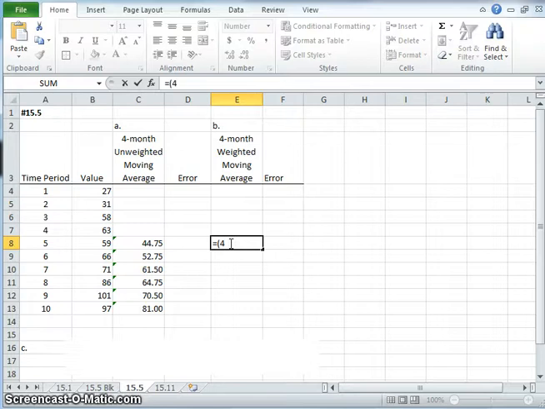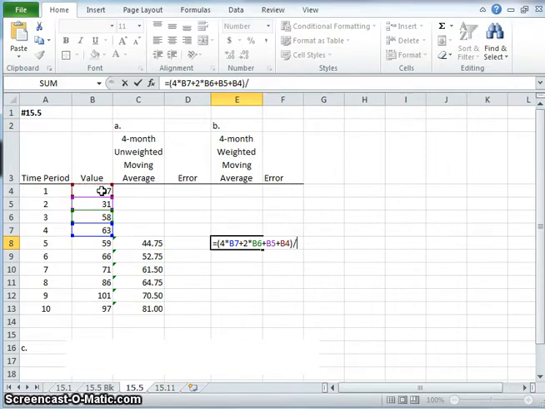So we want 4 times, and then I'm going to go over and click on cell B7, and then plus 2 times, and I'm going to click on cell B6, it's the previous period, and then plus, and there I'm just going to click on cell B5 since that has a weight of 1, and then plus, I'm clicking on cell B4 since that also has a weight of 1.